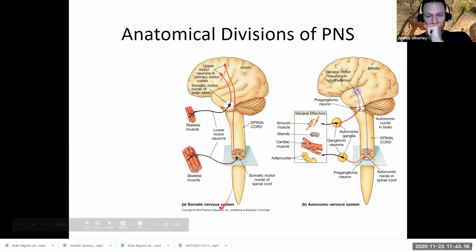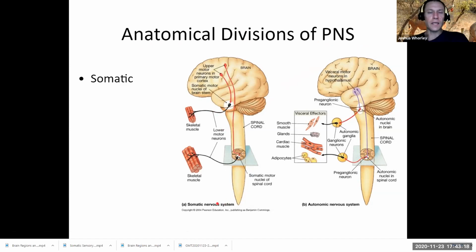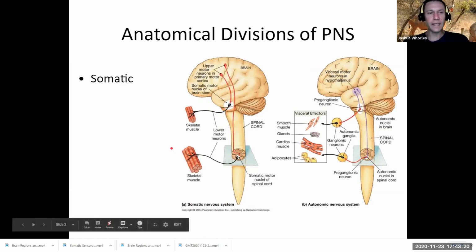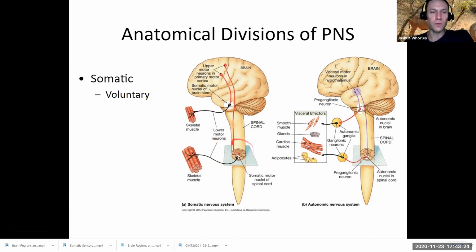So we can talk about, of course, the somatic, right? The voluntary, and we ran into that when we looked at the spinal cord. So the somatic nervous system is all of the sensory input that we're conscious of, the conscious decisions to move particular muscles, and the actual movement of those muscles.